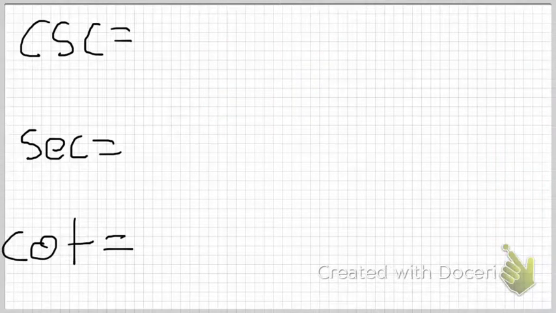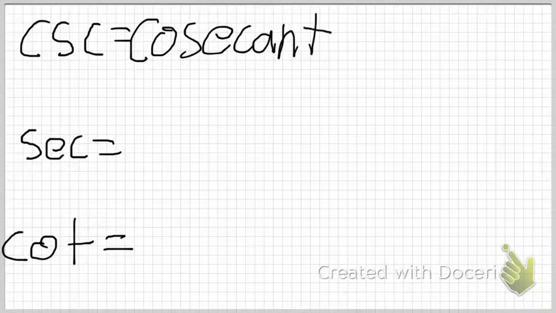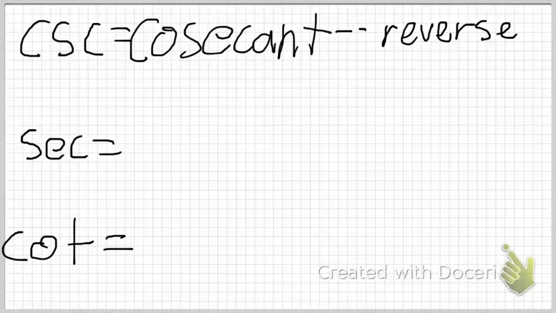And now this is how you spell them. For cosecant, you spell it as cosecant, which is a reverse of sine.